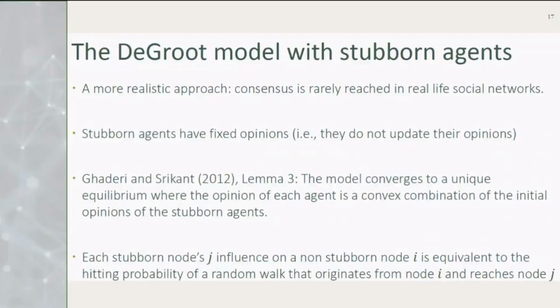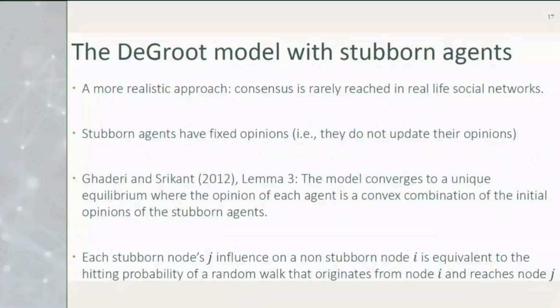Garderians modeled and examined the behavior of such models in 2012 and examined the convergence of such models with the growth model and social graphs with the growth model with stubborn agents. They stated in a lemma that the stubborn agents play a unique role in the equilibrium, as they influence each non-stubborn agent according to the relevance, the closeness of each non-stubborn agent to them.